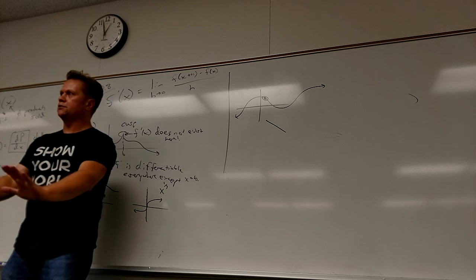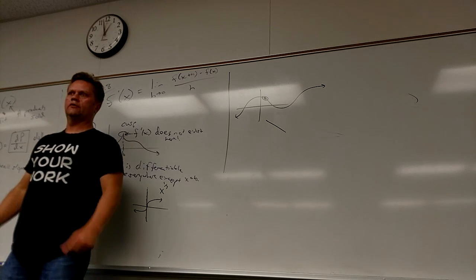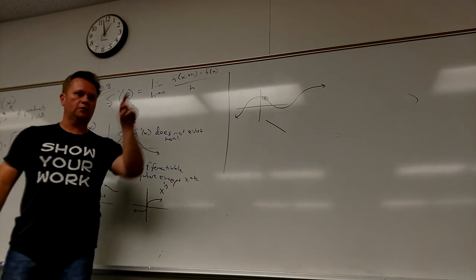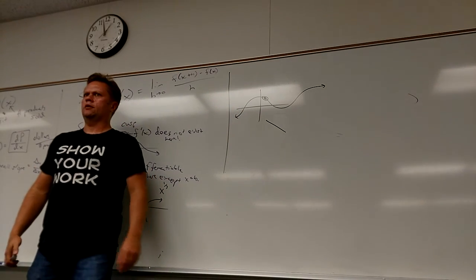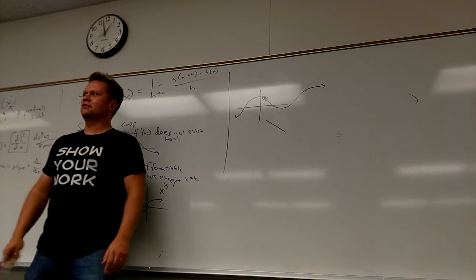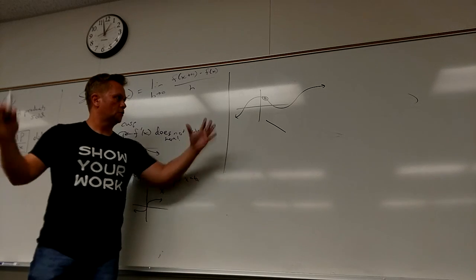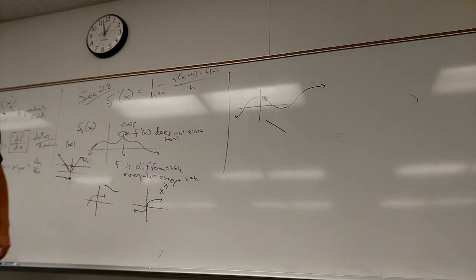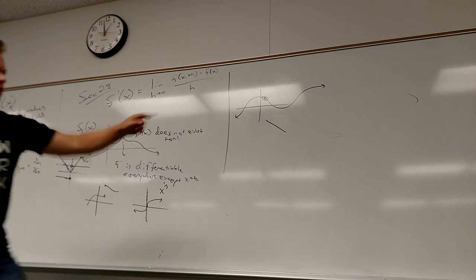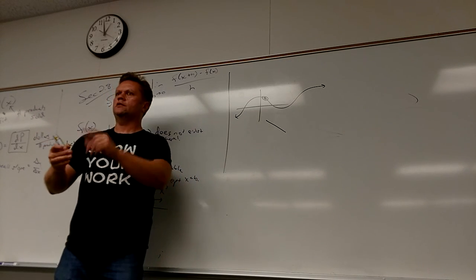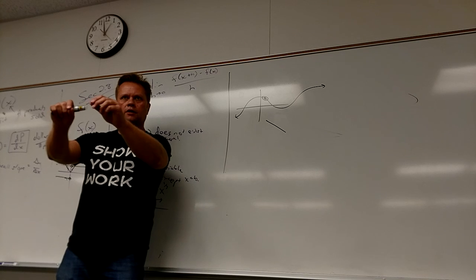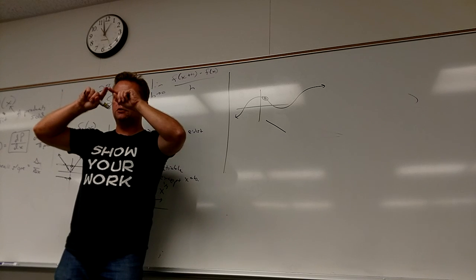Because I am really zoomed in on this. If the earth was much smaller, then we would be able to see, oh, it is curved, right? It's a small thing. So this idea is what's called local linearity. If it's differentiable at the point, if I zoom in enough, it will become straight.